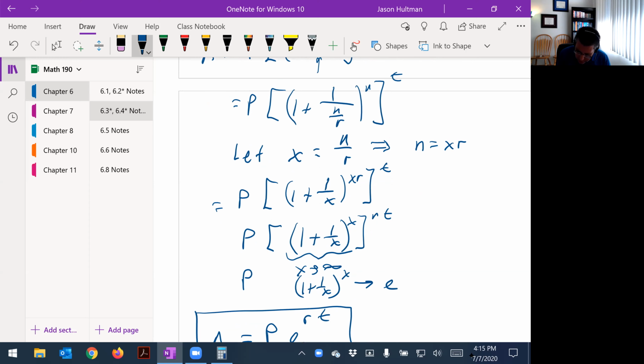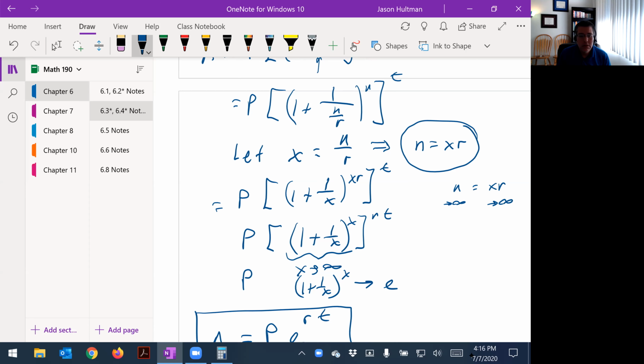If we look at this step here, and specifically I'm going to circle this, what is the limit as n goes to infinity? As n goes to infinity, wouldn't xr also go to infinity?